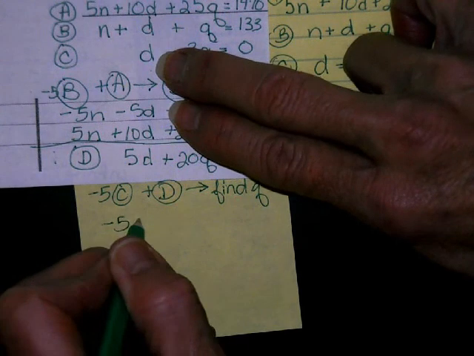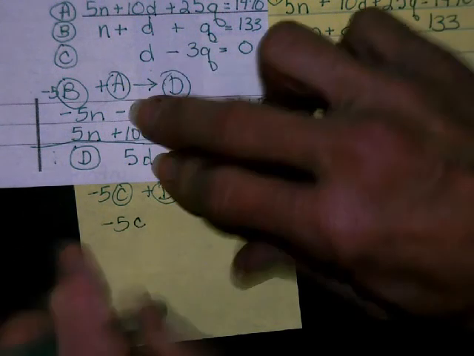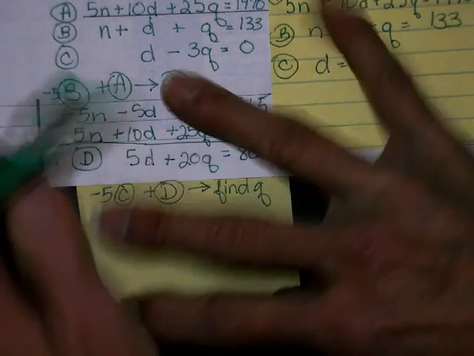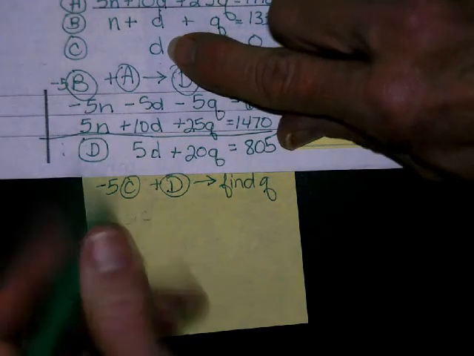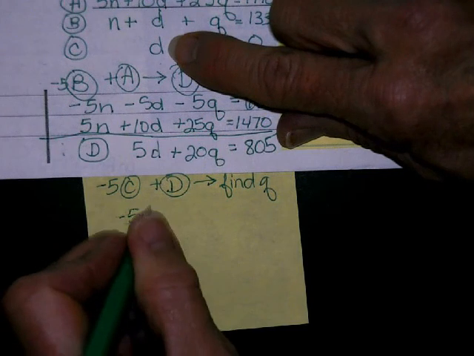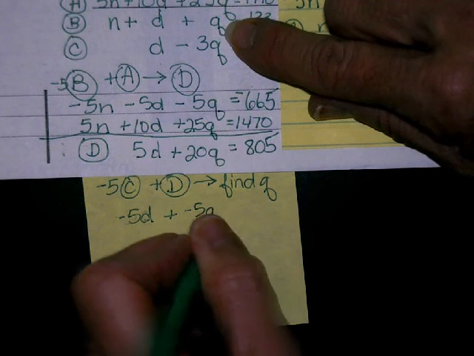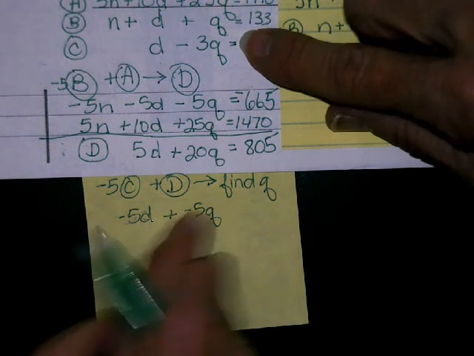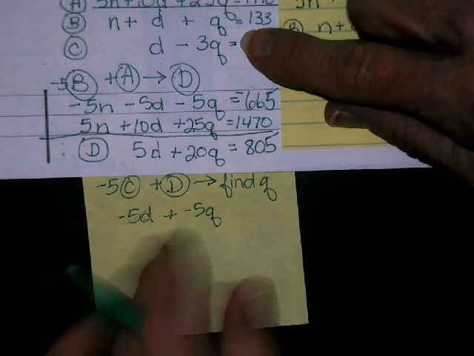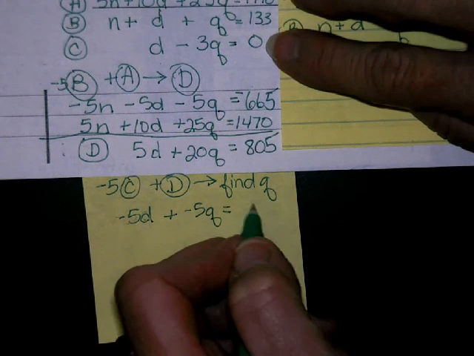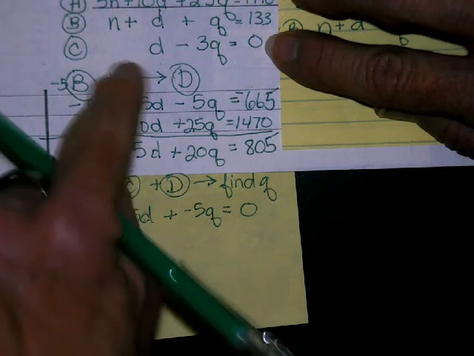So -5C, -5d plus -5q. Doesn't matter whether you put plus or minus. You could put just a -5q, whatever your brain is happy with in the moment, is 0.